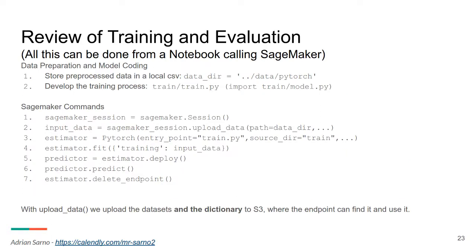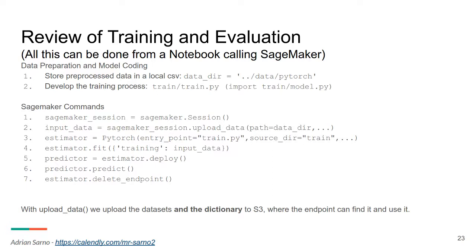This is very important. This is how you're going to use it. So you use PyTorch, entry point train.py. This is where you put your training code, and then you call fit with the input data. You're still fitting with input data that is in S3, and then once you have the model created, you're done.